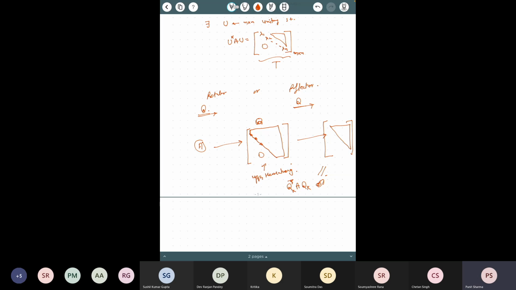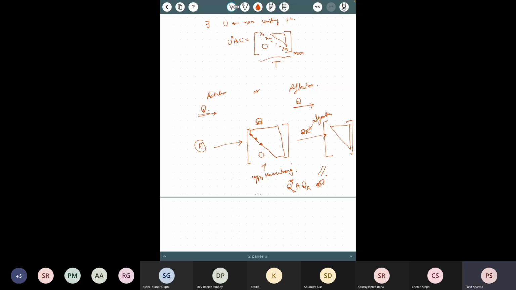This is achieved by the so-called QR algorithm. What is this QR algorithm? It factorizes this upper Hessenberg matrix into QR factors. We will discuss what the QR factors are, and then from the QR factors, it uses rotators and reflectors again to convert this upper Hessenberg matrix into an upper triangular matrix iteratively.